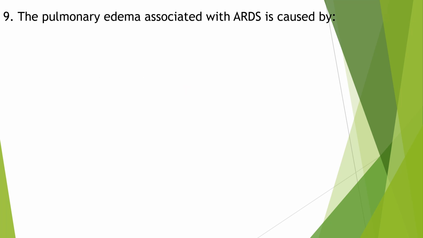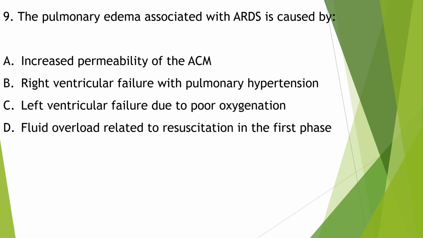The pulmonary edema associated with ARDS, acute respiratory distress syndrome, is caused by increased permeability of the ACM. ACM is the alveolar capillary membrane, right ventricular failure with pulmonary hypertension, left ventricular failure due to poor oxygenation, fluid overload related to resuscitation in the first phase.